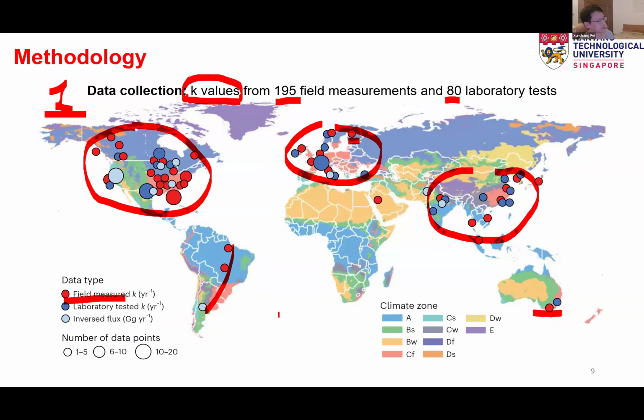So we think that the database, or all these data, are fairly representative of the global situation. Also, we are missing the data from Africa and from a few other places. But well, let's start the analysis and see what it can tell us.